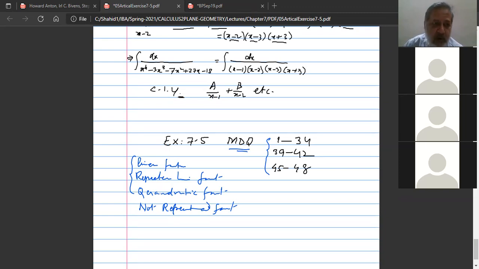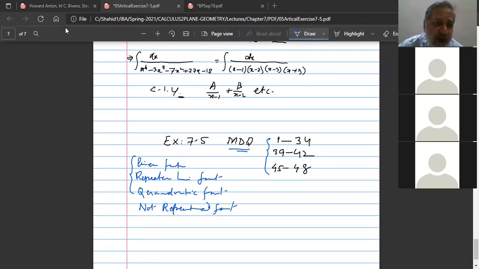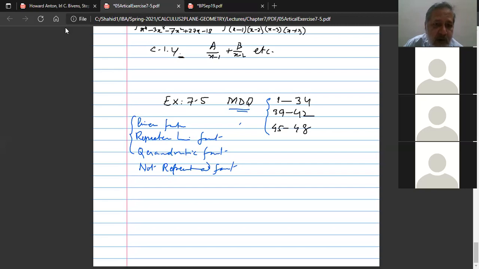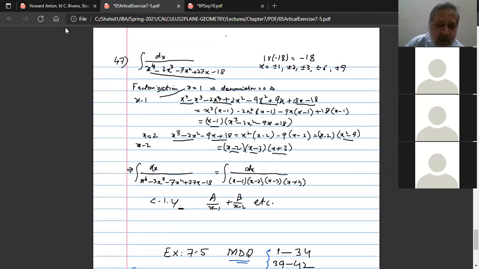Now I want to switch over to numerical integration, which is one of the easiest topics. And a page for them.